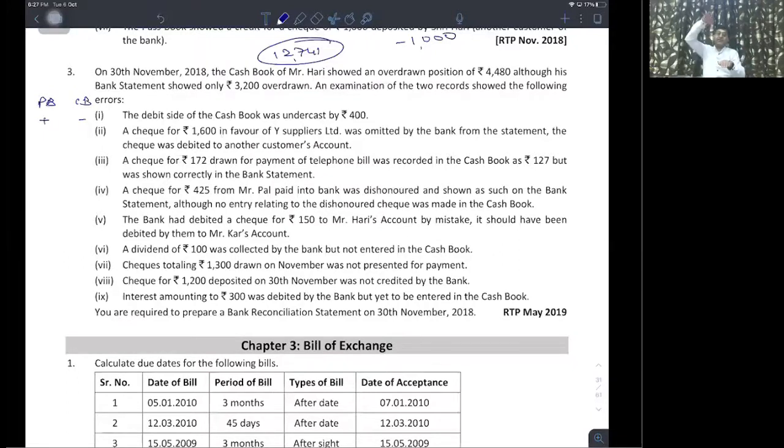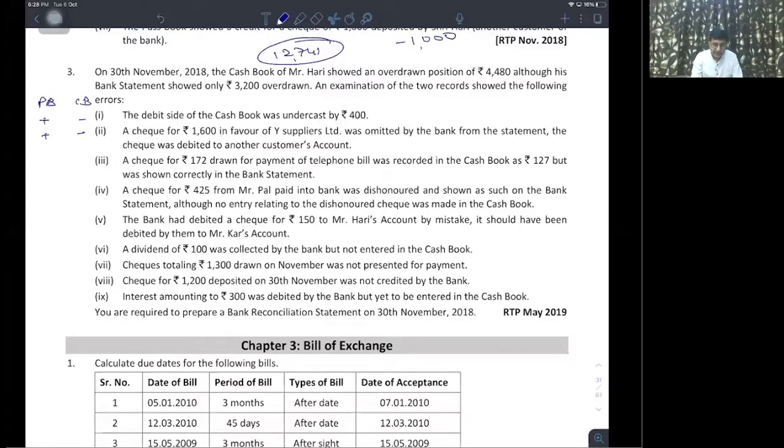So we have increased the overdraft, but the bank has not increased it. हाँ, you have increased it, but the bank has not increased it. Therefore, CB to PB less, but PB to CB add less. Transaction not recorded in passbook, right?